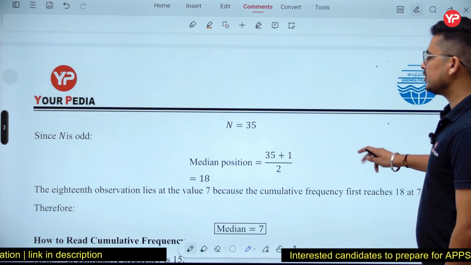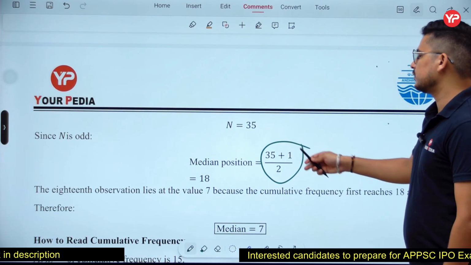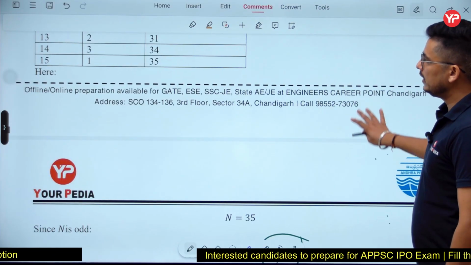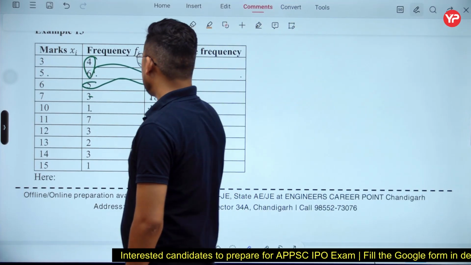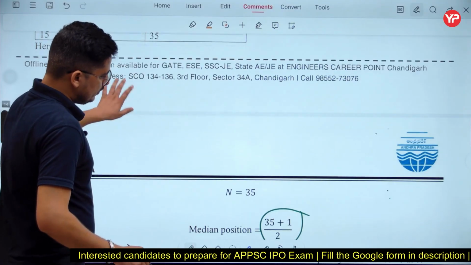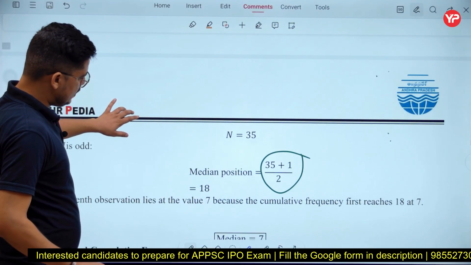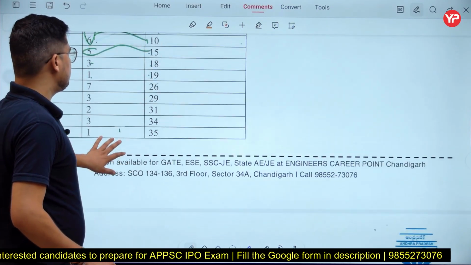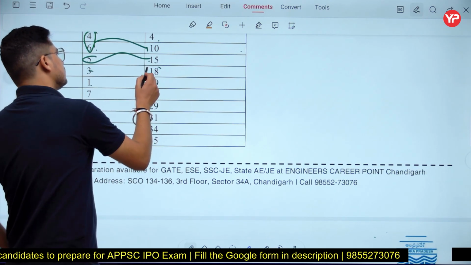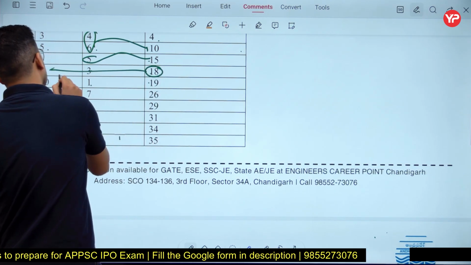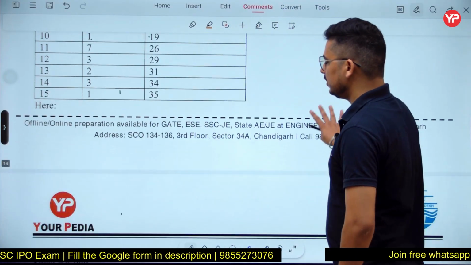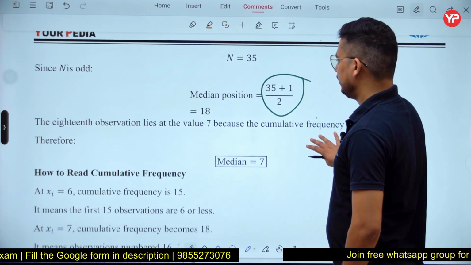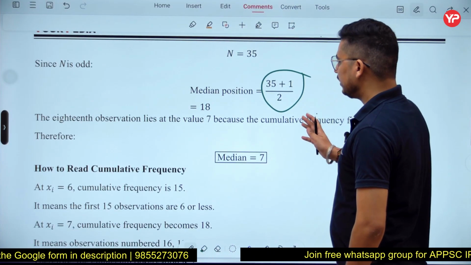So the median position is 35 plus 1 divided by 2, that will be 18. So the median position is 18. At the 18th position we get 7. It means 7 will be the median of the given data.